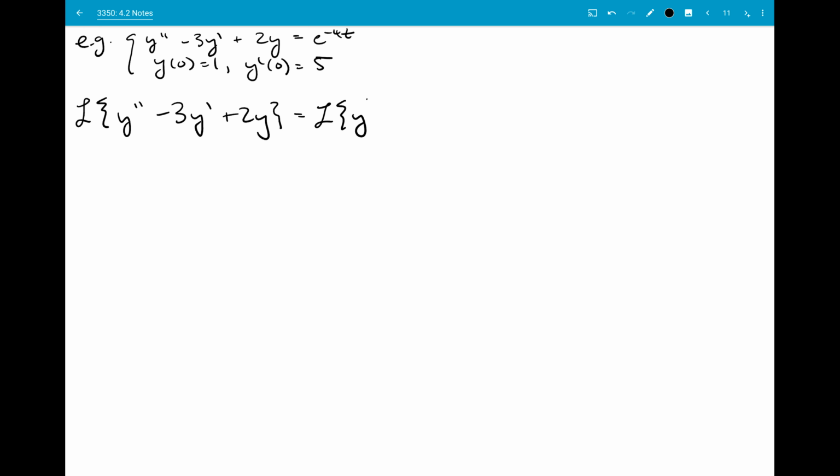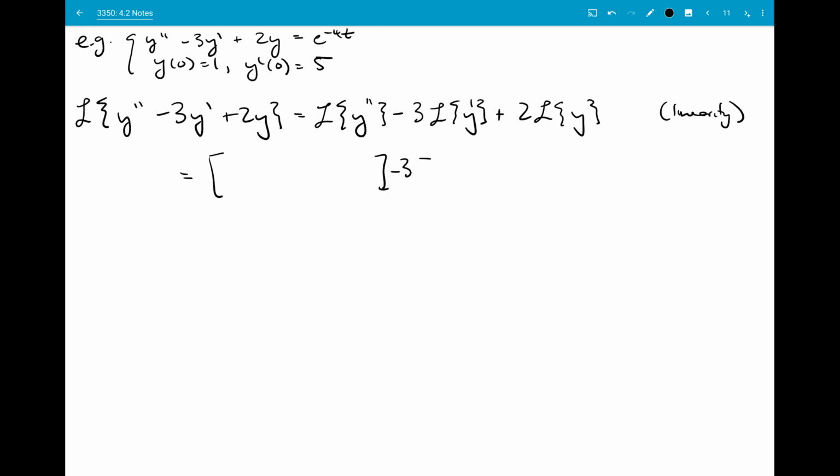Linearity is going to give us L of y double prime minus 3 L of y prime plus 2 L of y. That's linearity right there. And then that's going to break up into 3 parts, where the last one, L of y, just becomes capital Y.